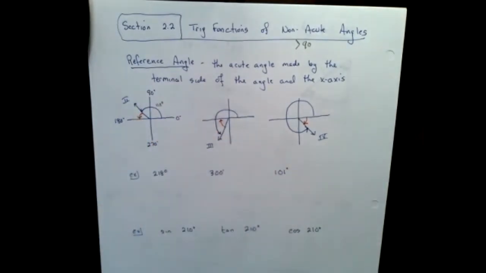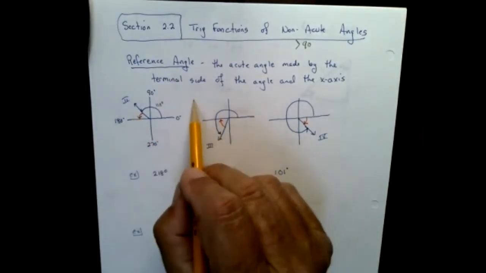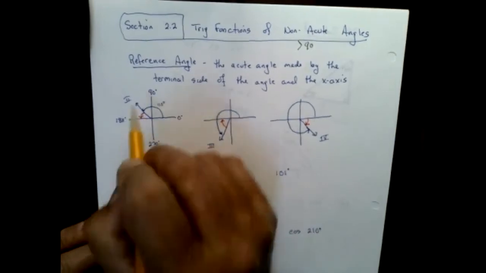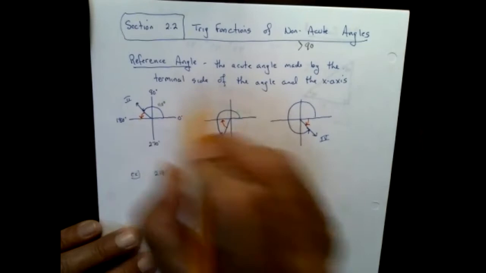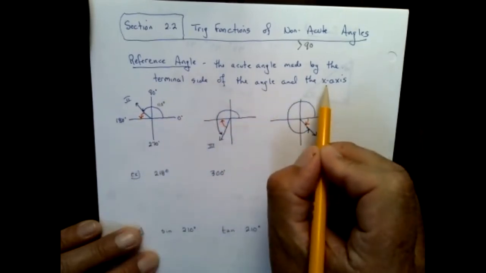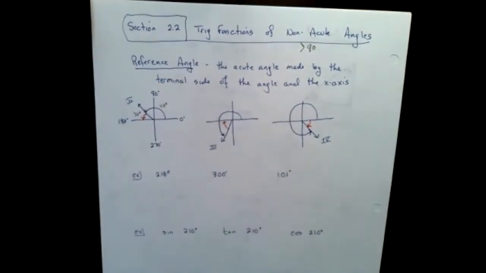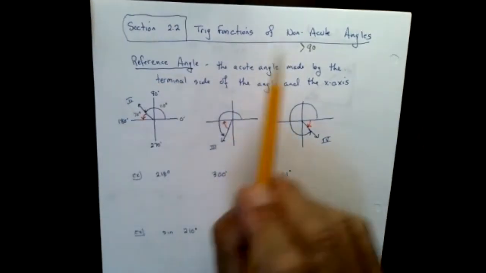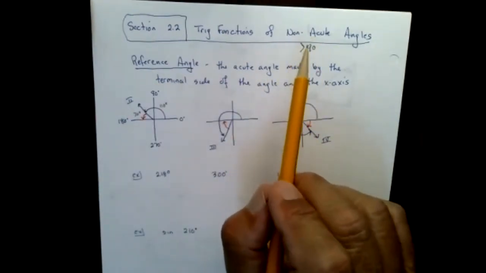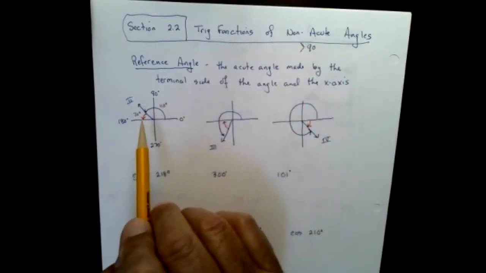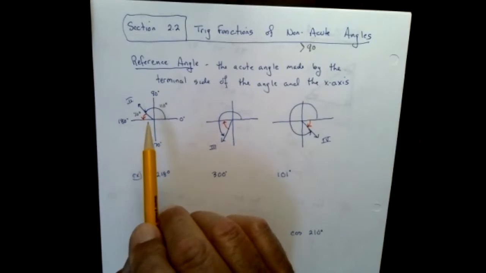But when I want to work with this angle, 110, what I actually work with is the little reference angle, the difference to get me down to the x-axis. So here I would be working with a 70-degree angle. I take that non-acute angle, that big one, and put it in a place so I can work with the reference angle.